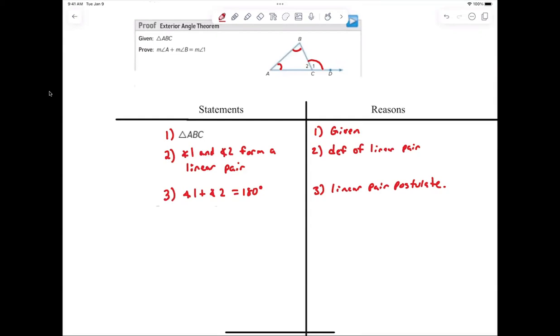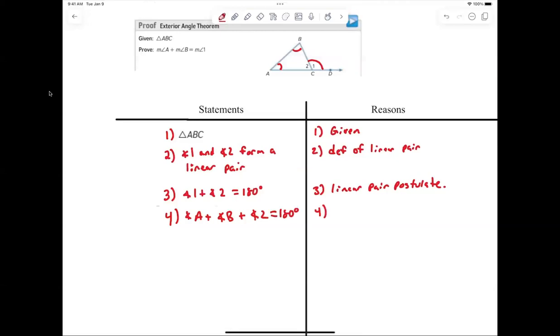Angle 1 plus angle 2 is equal to angle A plus angle B. Nope, we don't know that. Tell me. Angle A plus angle B plus angle 2 equals 180 degrees.